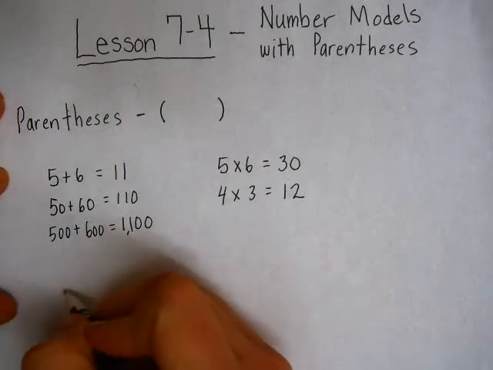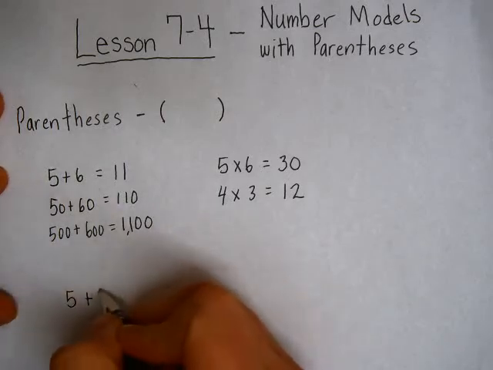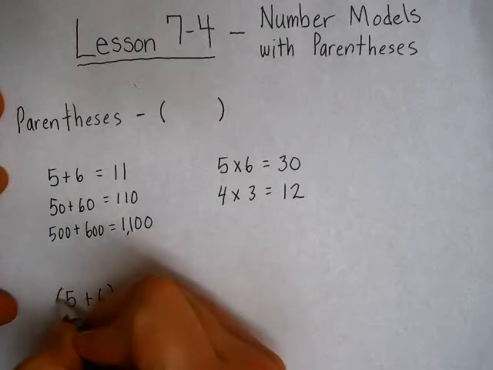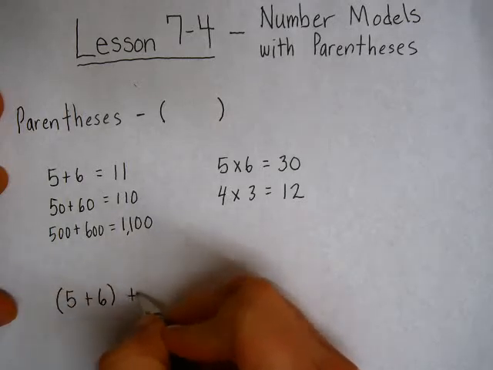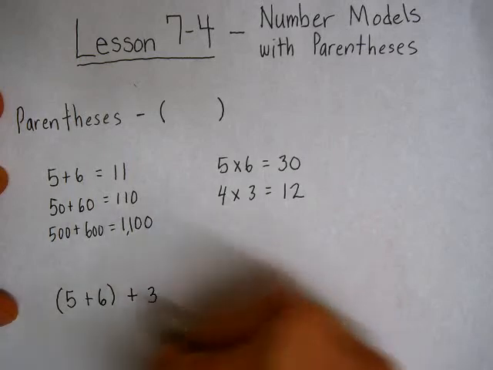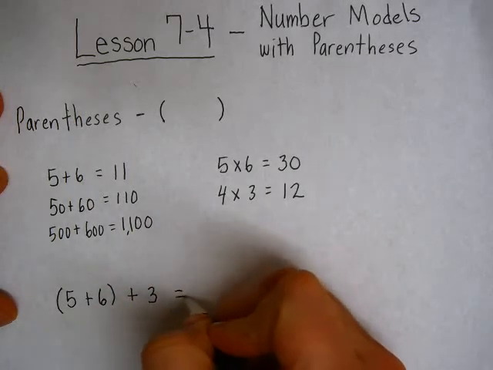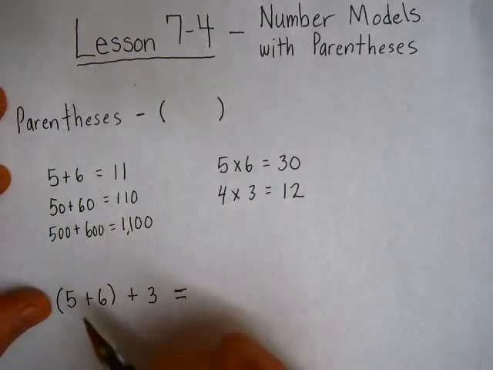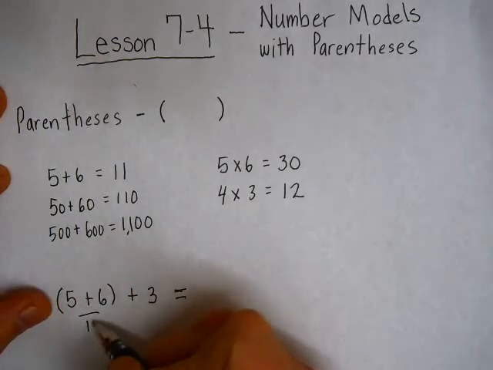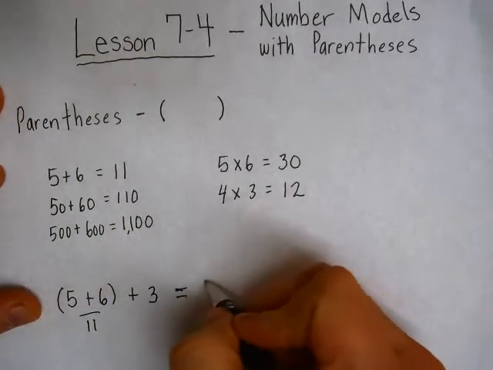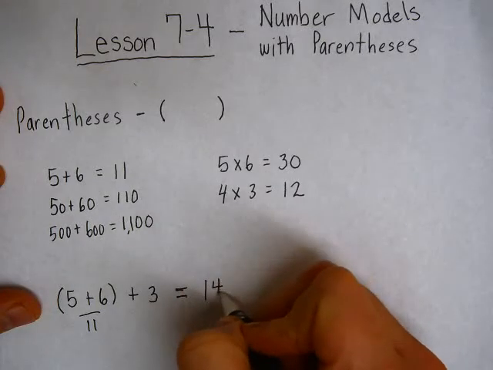For example, 5 plus 6 plus 3. So we want them to be able to write a number model with parentheses and be able to solve it. 5 plus 6 is 11, plus 3 is going to be 14.